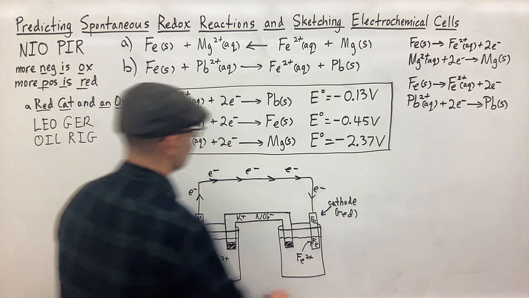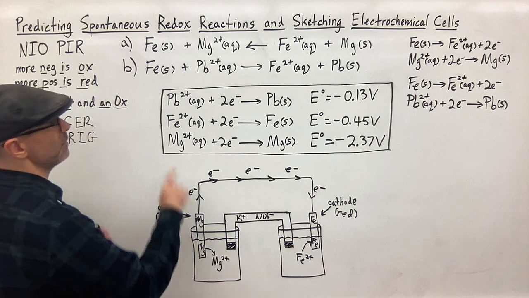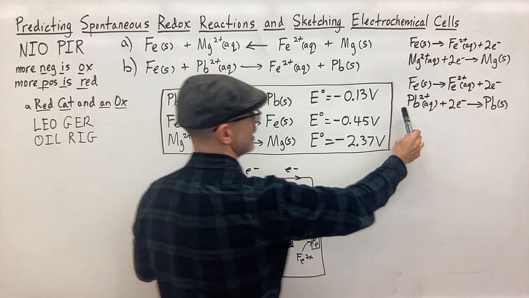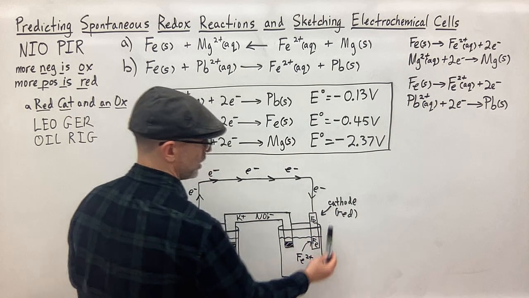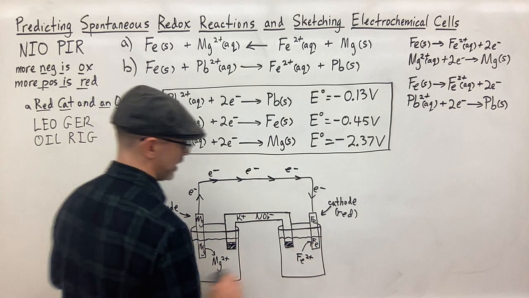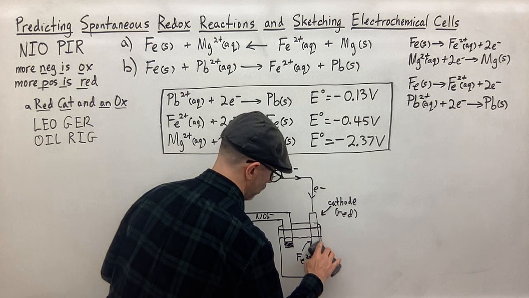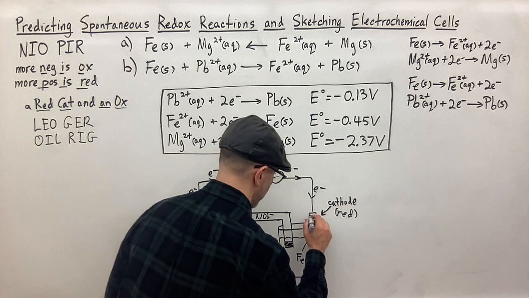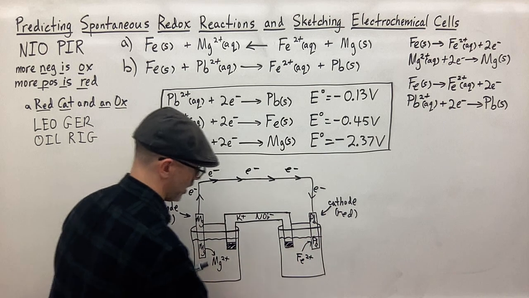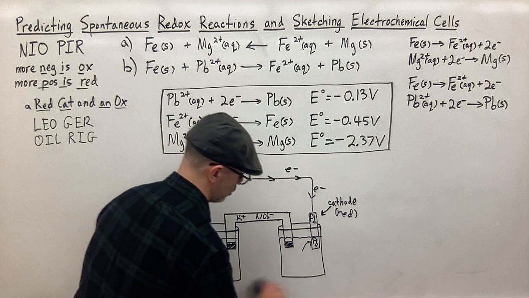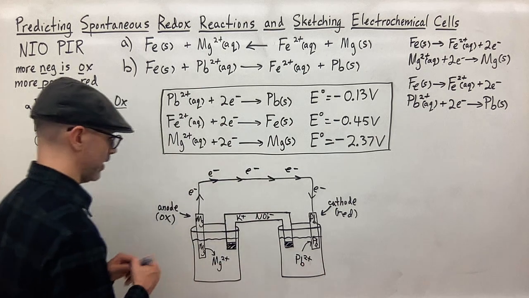So if we write our cell here, the lead is going to undergo reduction, so therefore that's going to be the cathode. In this case, instead of iron being the cathode, we would have lead. So we're going to have Pb and Pb2+ ions, and here we're not going to have iron 2+ ions.